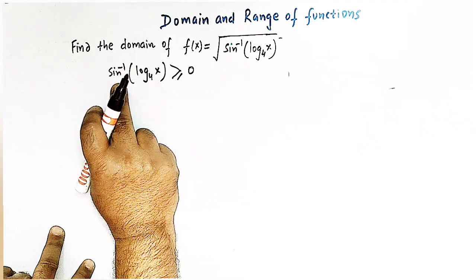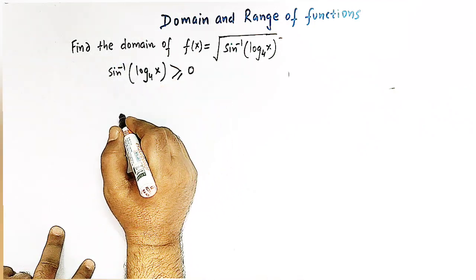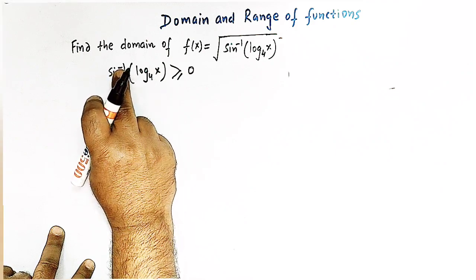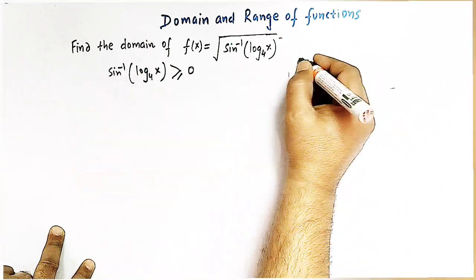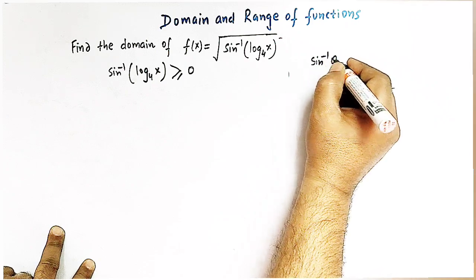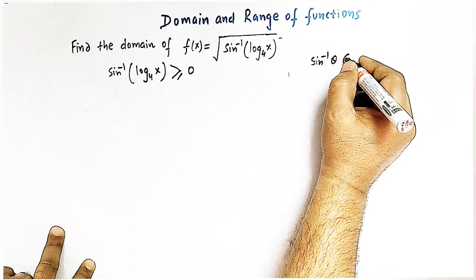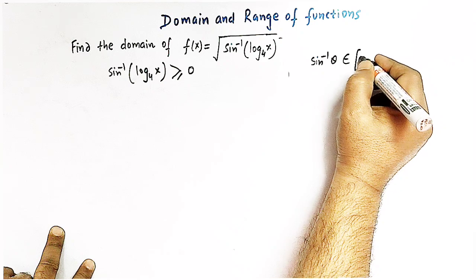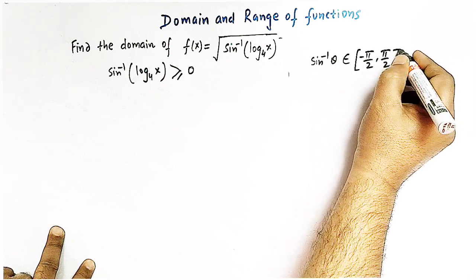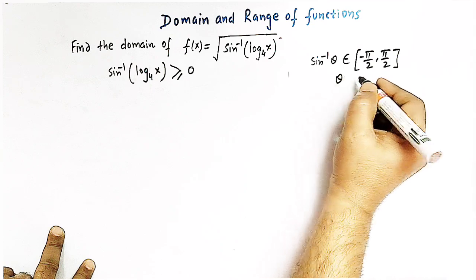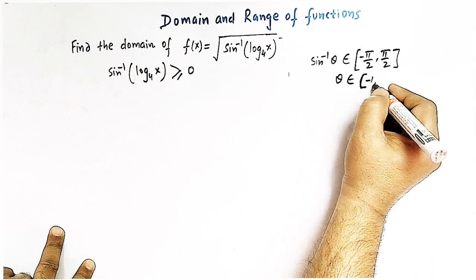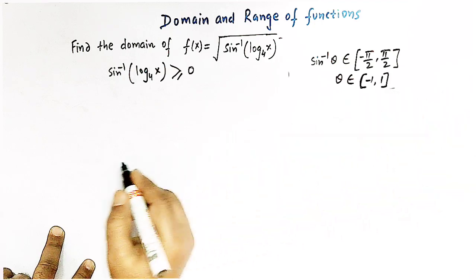So now here we'll make use of the principal value branch of sine inverse function. We know that for sine inverse theta, the principal value branch is given by the interval minus pi by 2 to pi by 2, provided theta belongs to the interval minus 1 to 1, right?